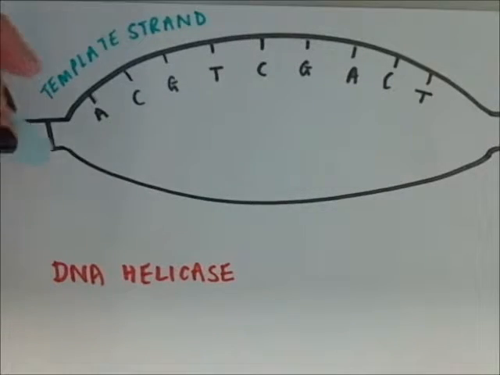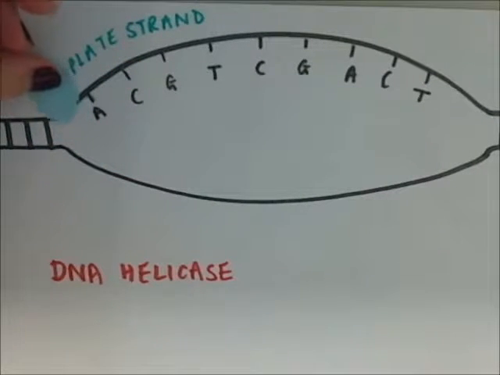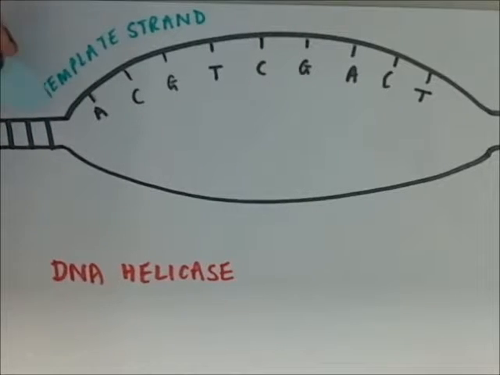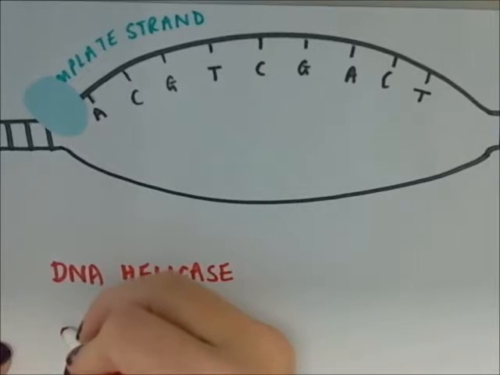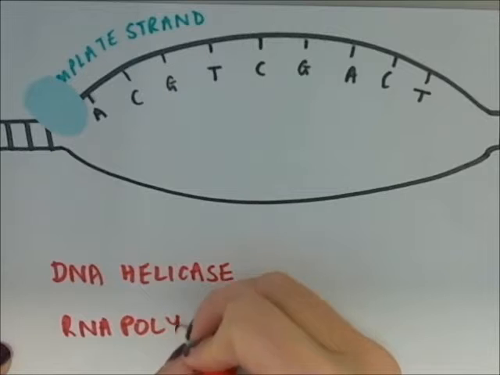Then another enzyme called RNA polymerase comes and lands on the template strand of the DNA. It doesn't just land at random, it binds to a specific region at the start of the coding sequence. And that enzyme is called RNA polymerase.